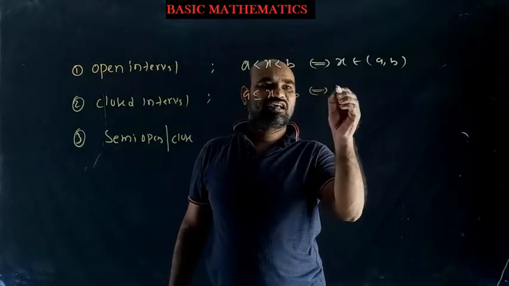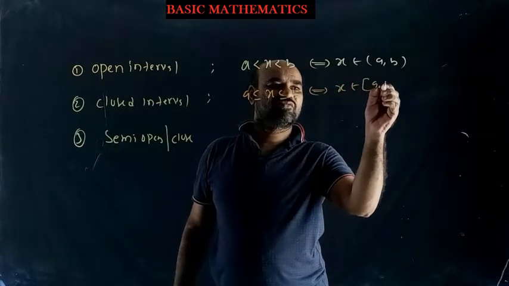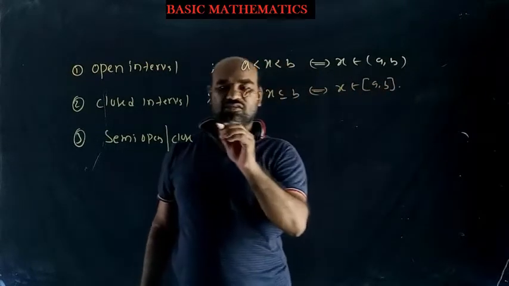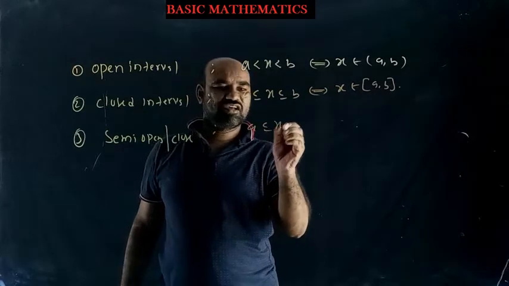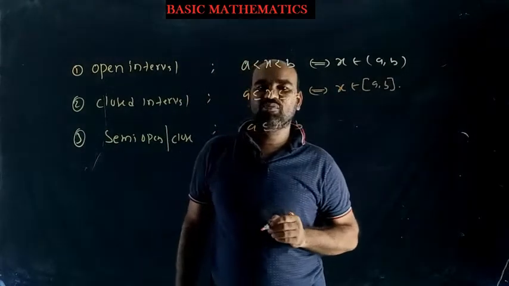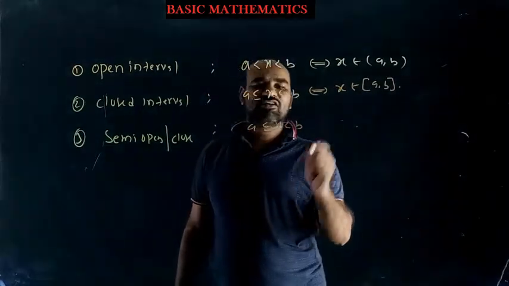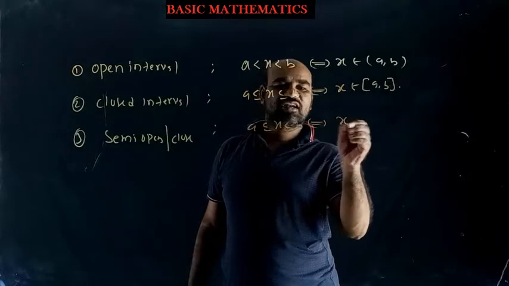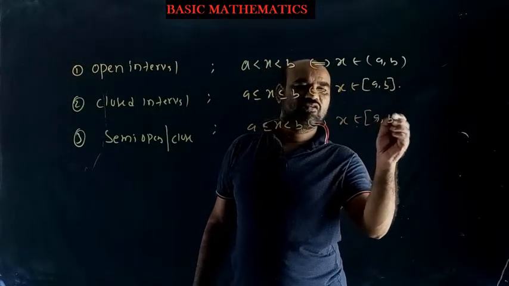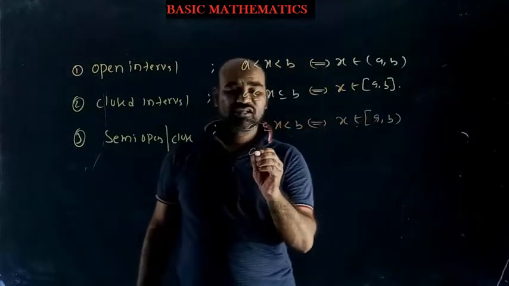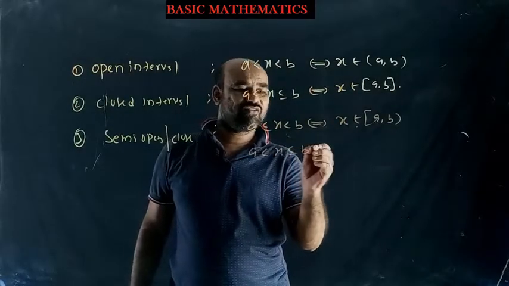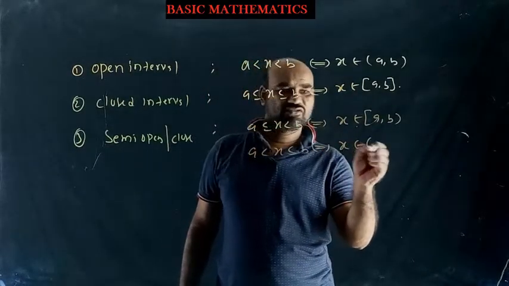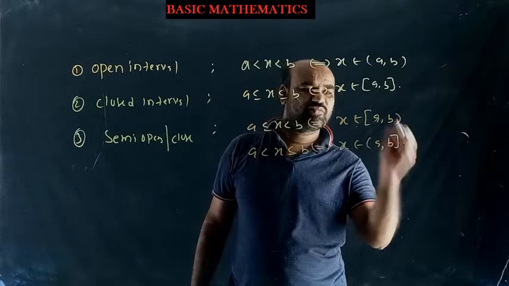This can be written as x belongs to [a, b]. A less than or equal to x less than b means x is a real number between a and b, equal to a but not equal to b. This can be written symbolically as x belongs to [a, b). Or a less than x less than or equal to b can be written as x belongs to (a, b].